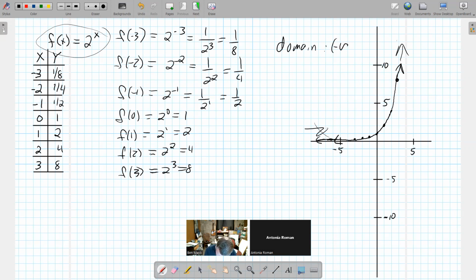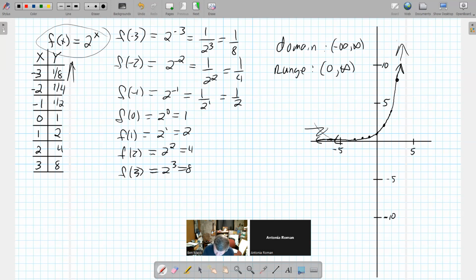All real numbers, so from -∞ to +∞. The range would be greater than 0, because notice that the y value keeps getting smaller and smaller. So if I went back here and put in -4, it would be 1/16, and -5, it would be 1/32, and -6, 1/64. Keep chipping away, but it would never reach 0. So the range is greater than 0, but the domain is all real numbers.